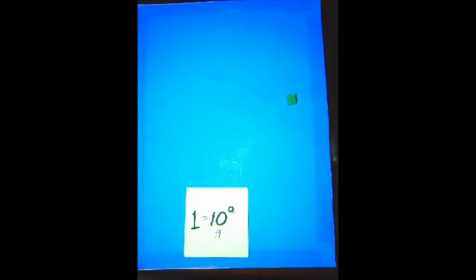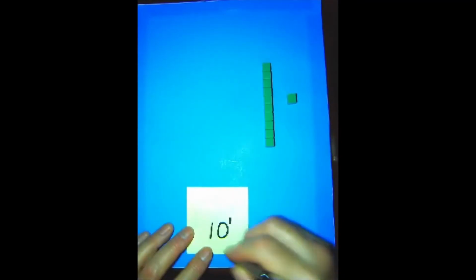Now, when we sing the song the first time, and you notice how I'm recording this is my base, that is how we do it. And we have now sung the song 1 time, and it looks like this. So 10 to the first power, we now know what that looks like.